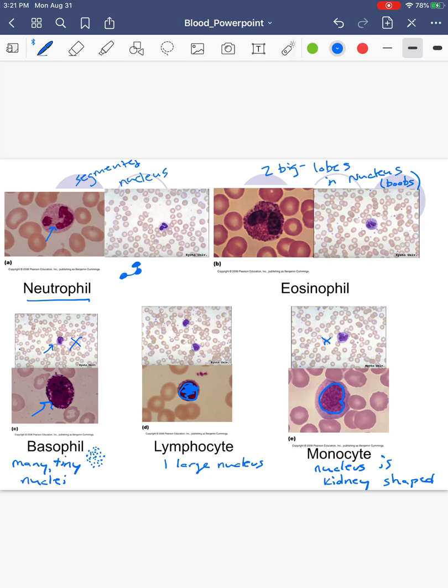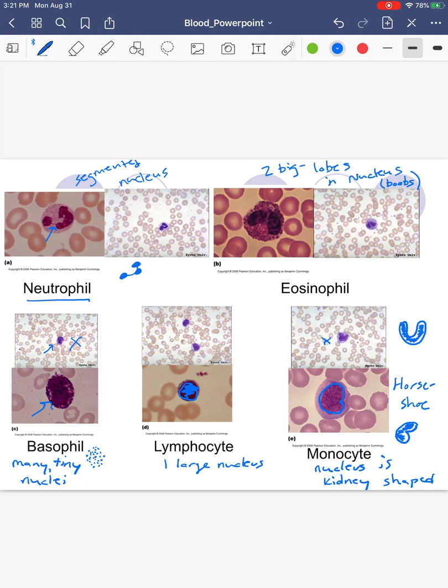Some other sources will say it's horseshoe-shaped, so it might look more like this, the nucleus that is. But again, it's process of elimination. At least in the lab exams here, I'm only going to be asking you one of each. So if it's not one big nucleus, but it has a little kidney shape to it, then you know it's going to be a monocyte.